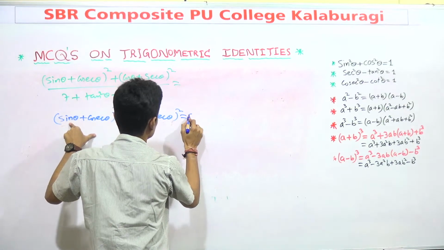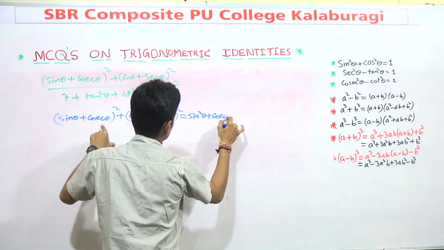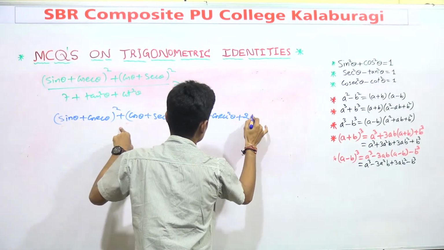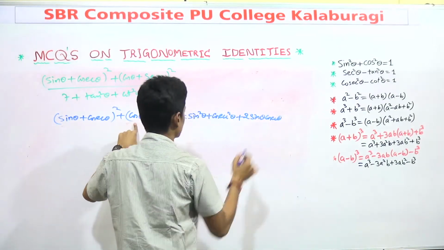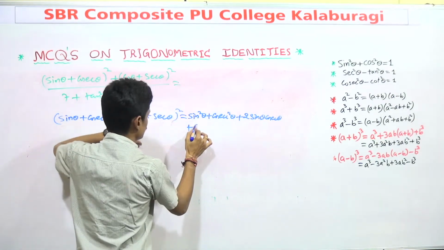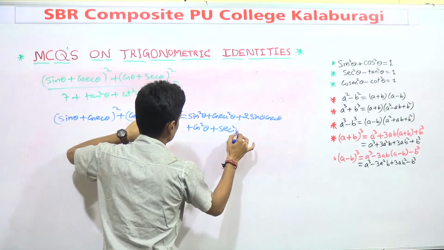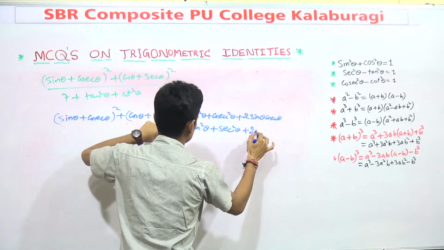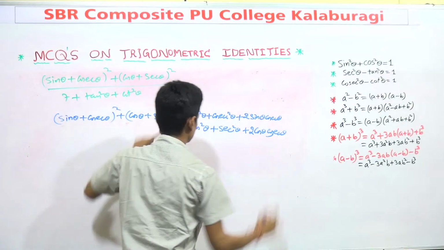A plus b whole square is sin square theta plus cosecant square theta plus 2 times sin theta into cosecant theta, plus the second term cos square theta plus secant square theta plus 2 times cos theta into secant theta.